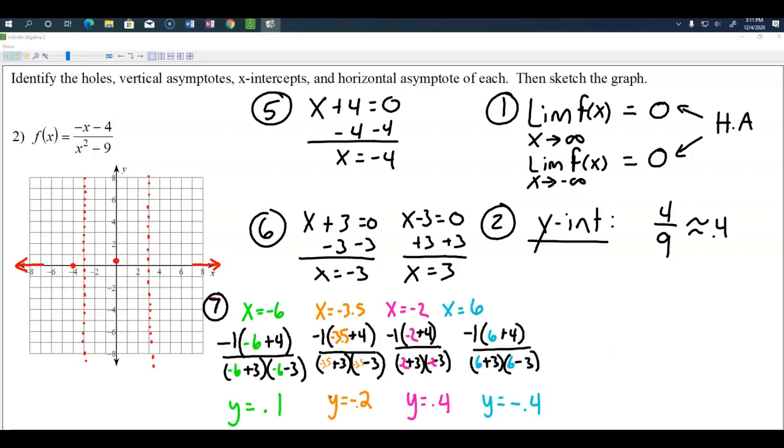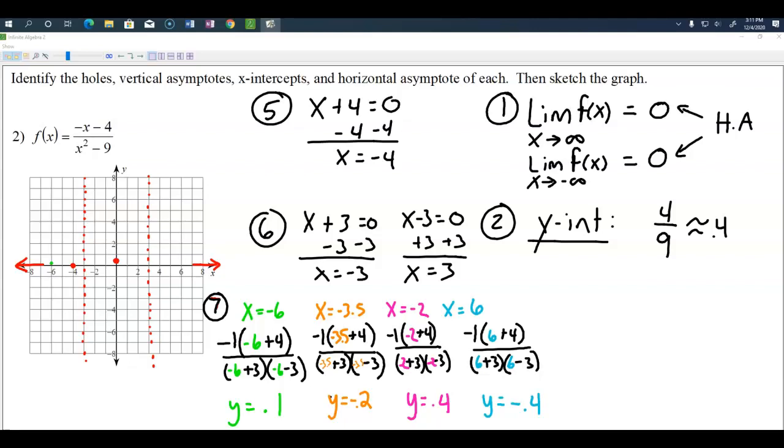All right, so here's what I got. For x equals -6, I got 0.1. So at -6, I'm going to put a dot a little bit above the x-axis. 0.1 is really tiny, so it's going to be right about there. Next, for the orange one, when I plugged in -3.5, I got -0.2.